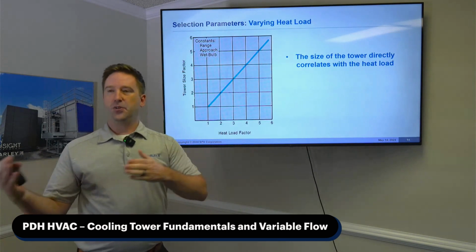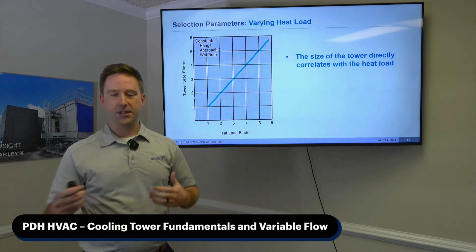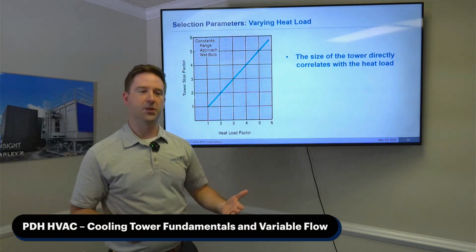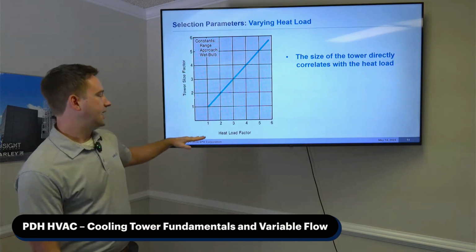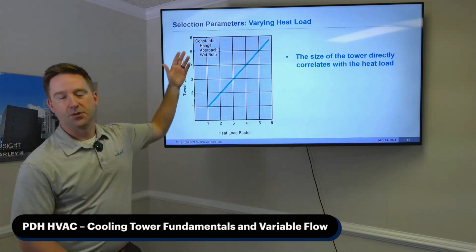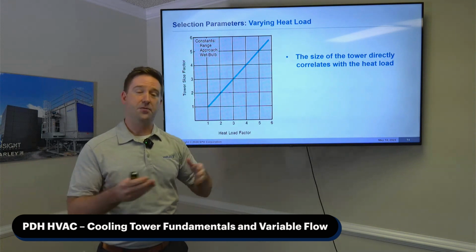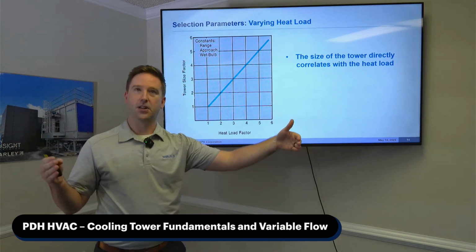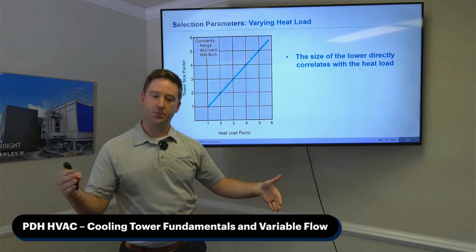Then going through some rules of thumb, just some quick ways to look at things as you're designing your tower. Obviously, this is an oversimplified graph. As your heat load goes up, your tower size goes up. But that can look different. So, in a cooling tower, if you make it larger, you're going to have a larger amount of heat transfer surface. So that's one way that a tower could get bigger.